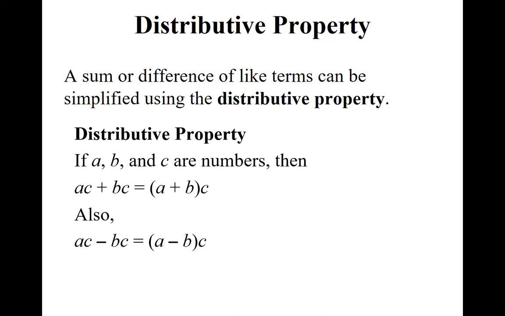If we have A plus B and we're multiplying by C, A times C plus B times C would be true. If we have A minus B and that's times C, A times C minus B times C would be true.